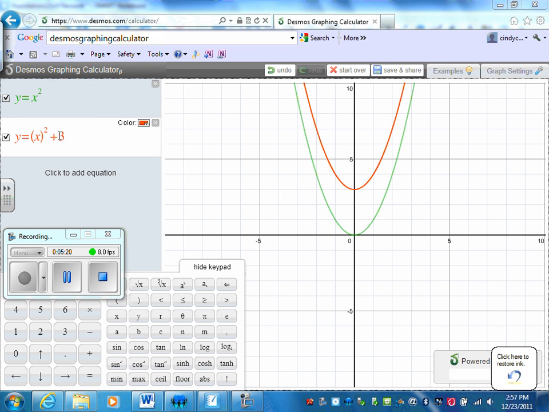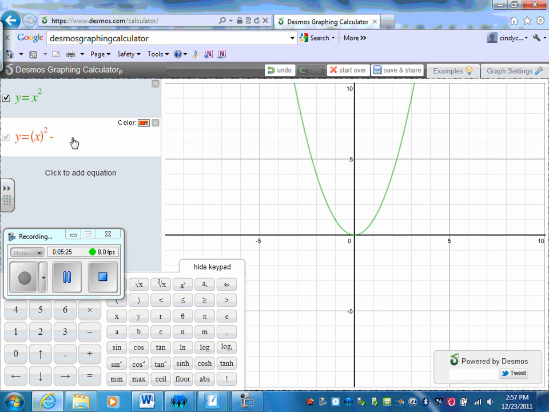If we put in -9, where is my vertex? Actually, instead of writing, let me just point to it. My vertex is at (0, -9). So the -9 matches with the value we added to the x², or subtracted in this case.